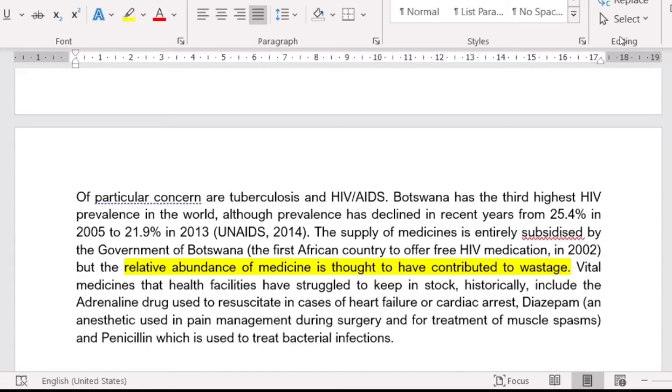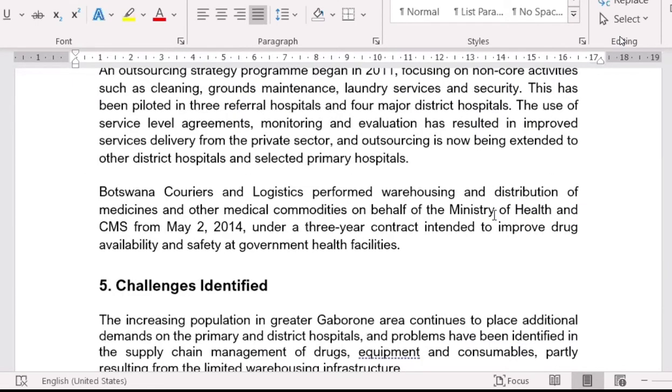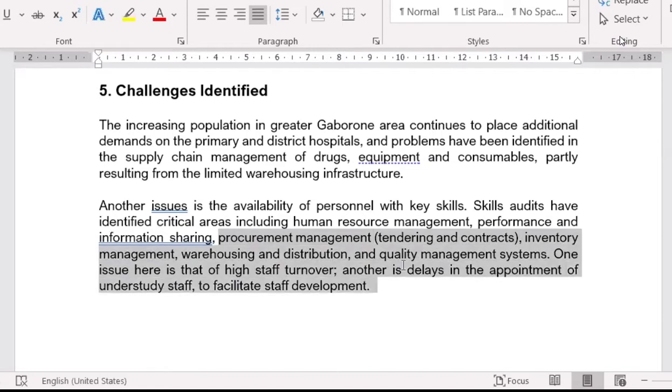Now, the case study also highlights a number of challenges, right? Some additional challenges. There is also procurement management, all right? For example, I've highlighted that.